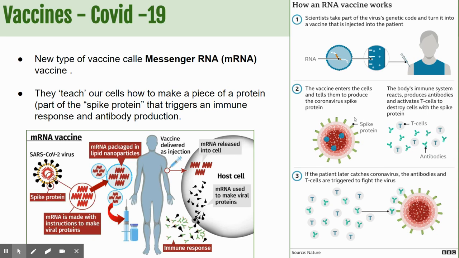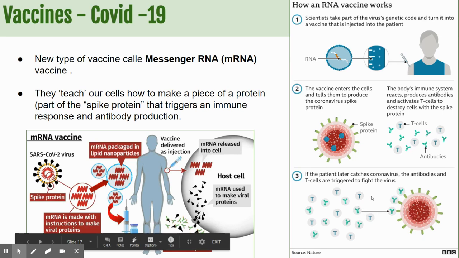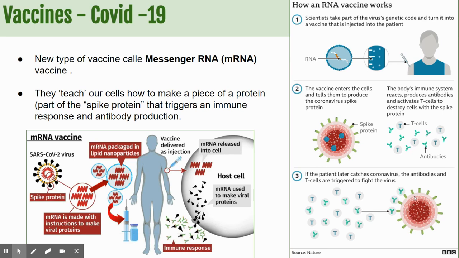It comes along and starts making the antibodies like it normally does to destroy those spike proteins, which is great. So the next time your body sees those spike proteins, which is probably if the COVID-19 virus gets into your body, they'll be prepared. They'll already have the antibody to attack that virus and prevent you from getting the disease.